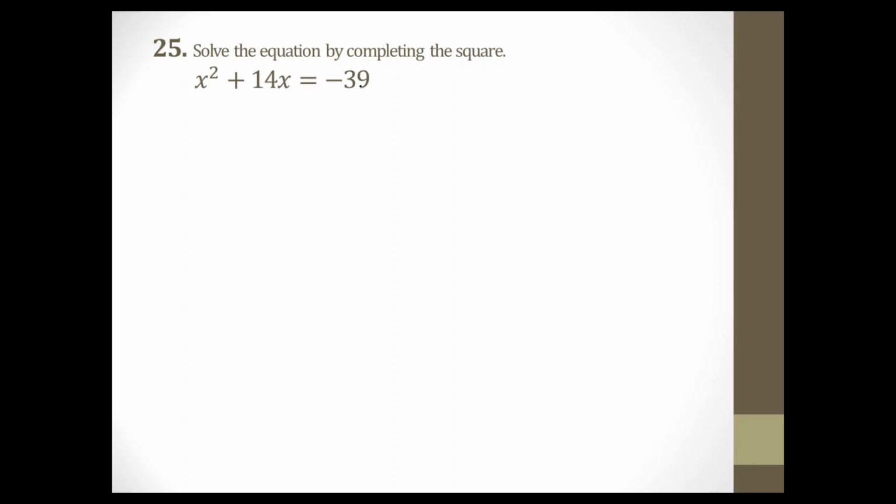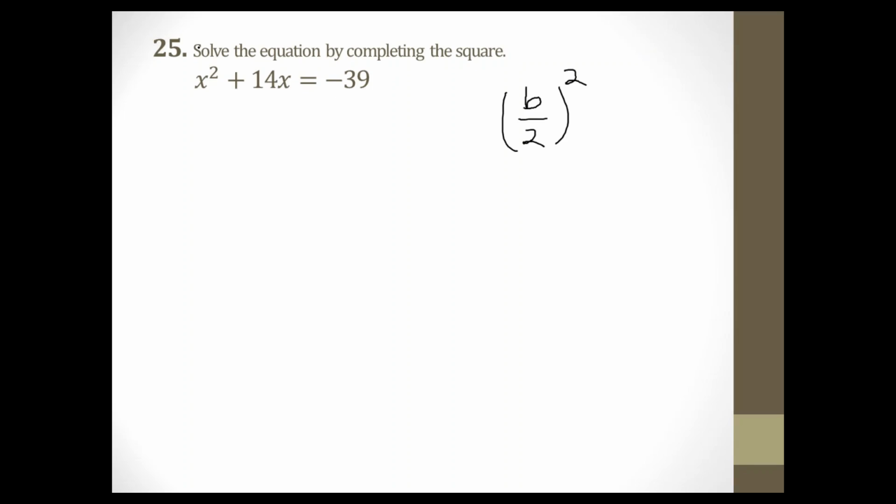For completing the square, I need the constant on the right side of the equation, which is right here. And then I need to know a little formula, which is b divided by 2 squared, to make this perfect square trinomial on the left side.